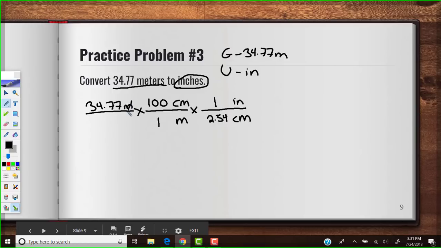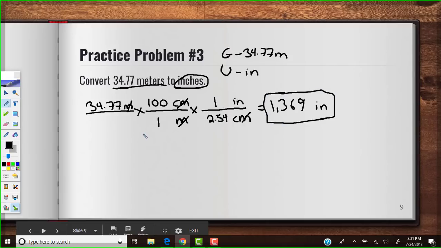So meters will cancel, centimeters will cancel out, leaving only inches as our unit, which is what we want. And now we just do our math. So we'll take 34.77 multiplied by 100, and then we'll divide that number by 2.54 to get our answer. And if we do our math correctly, our answer will be 1,369 inches.